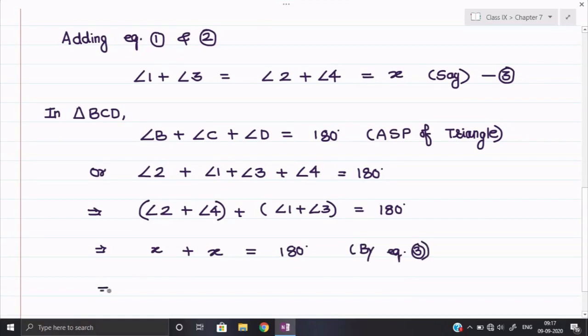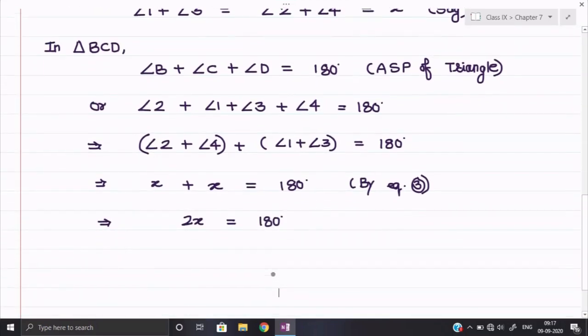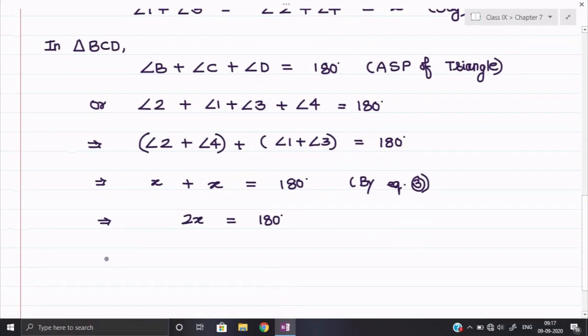And x plus x, what will it become here? 2x. So 2x is equal to 180. So x will be equal to 180 upon 2, because 2 will go to that side and come in the denominator. So it will be 90 degrees.